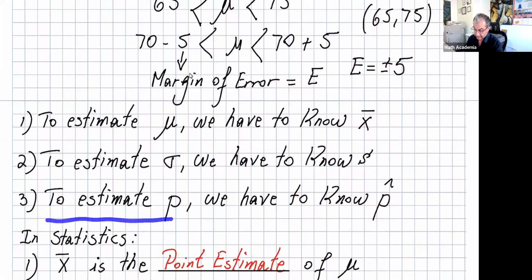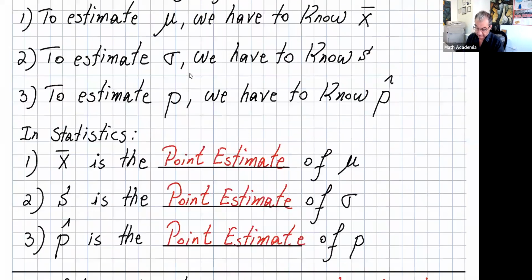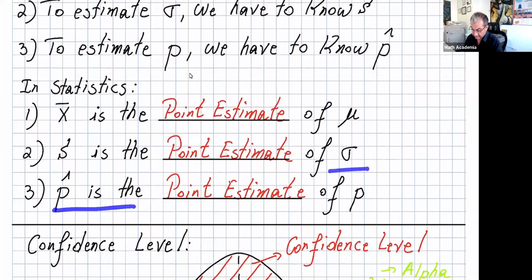To estimate the population proportion P, we have to know P hat, which is the sample proportion. So in statistics, the way you say that, you say X bar is the point estimate of mu. S is the point estimate of sigma, and P hat is the point estimate of P. So remember point estimate.